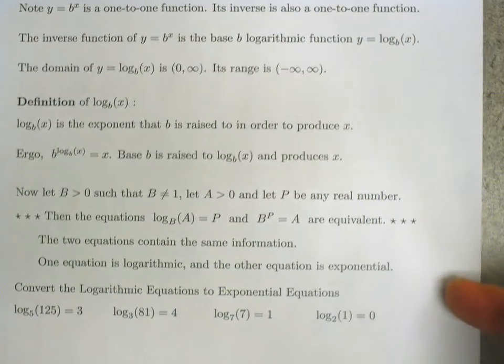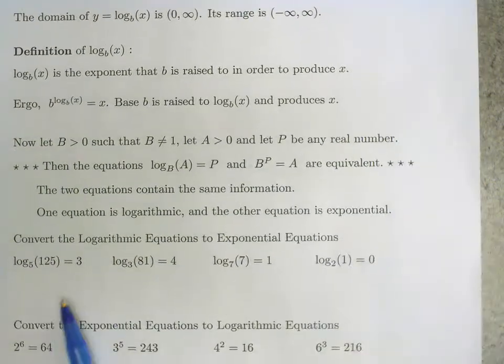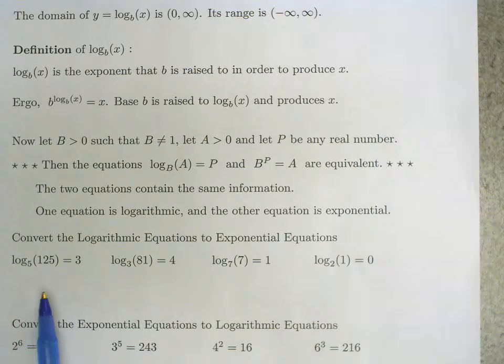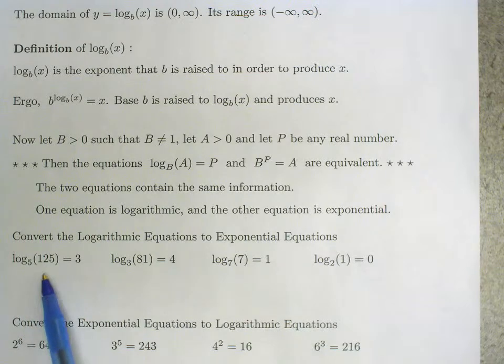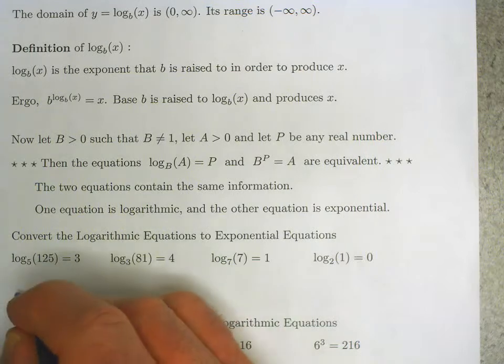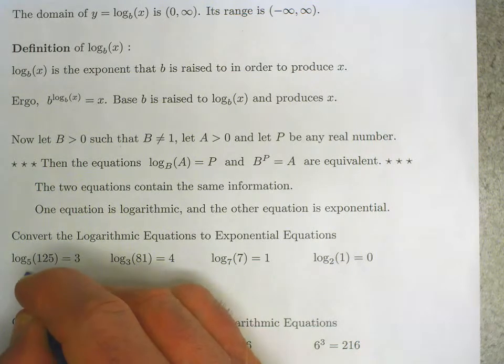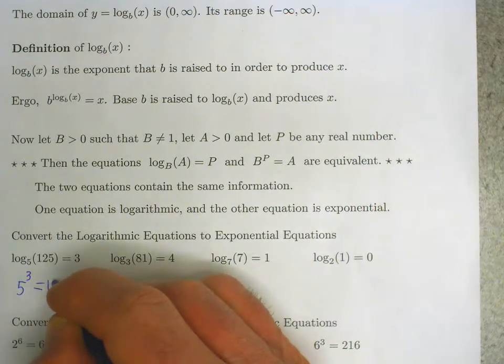So we'll do a few exercises where we convert logarithmic equations into exponential equations. Log base 5 of 125 equals 3. Since 3 is equal to the base 5 logarithm of 125, then 3 is the exponent that 5 must be raised to in order to get 125.